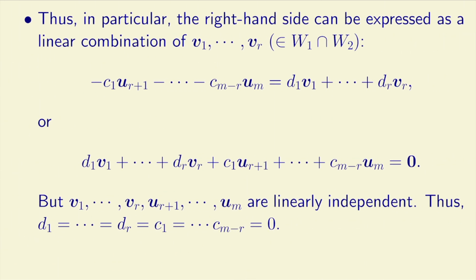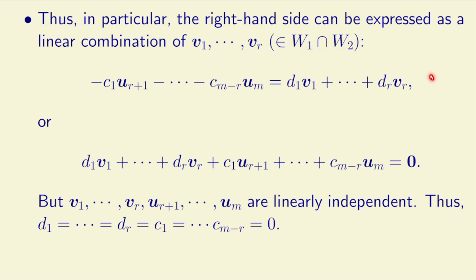So let's consider the right-hand side first. In particular, the right-hand side can be expressed as a linear combination of V1, V2 up to Vr, because it belongs to the intersection and these vectors are a basis of this intersection. So the right-hand side is this, a linear combination of the basis vectors of the intersection.